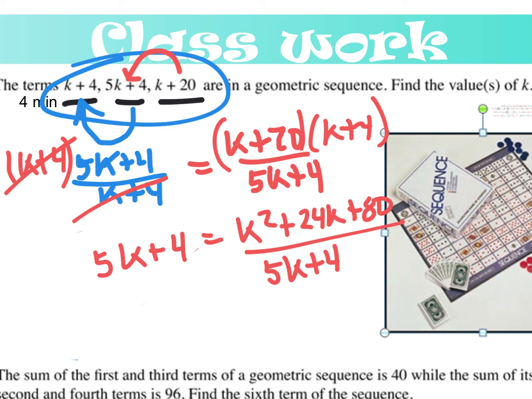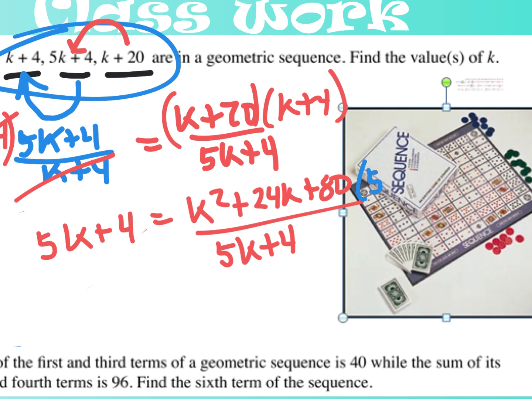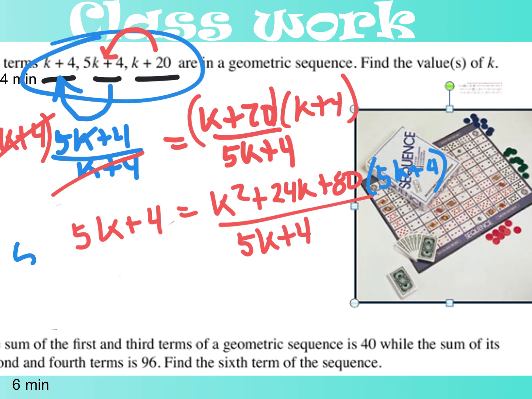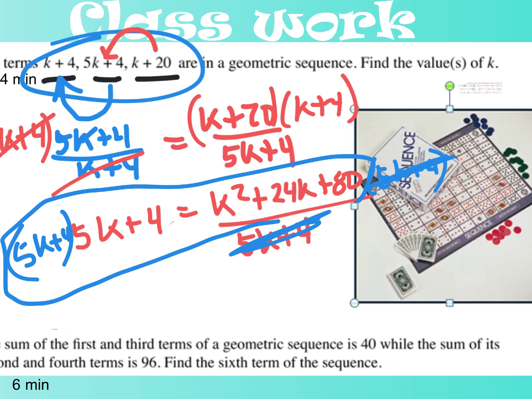Now I'd have to multiply both sides by 5K plus 4, because that'll make that cancel. That cancels that. And that's gross, but it's just a big quadratic.